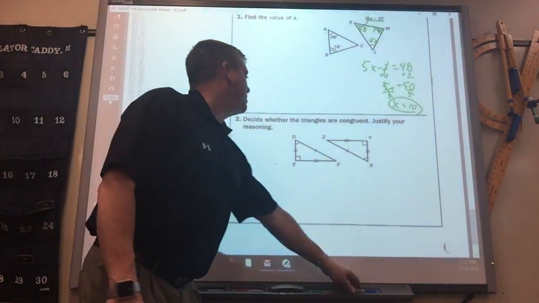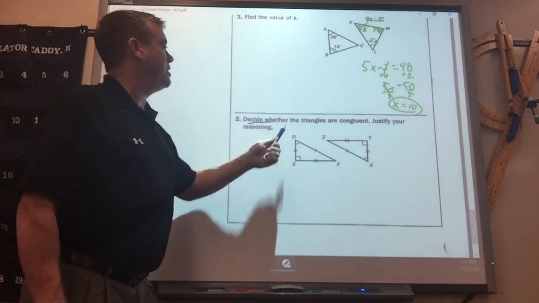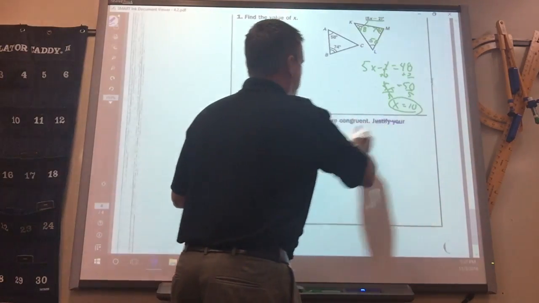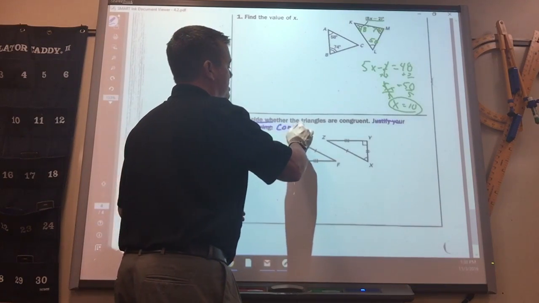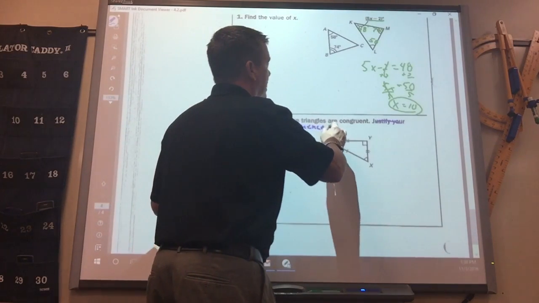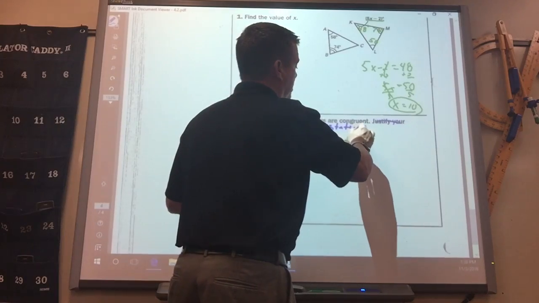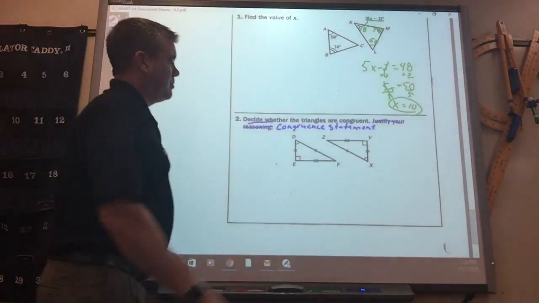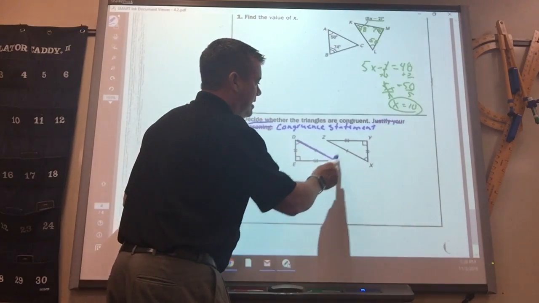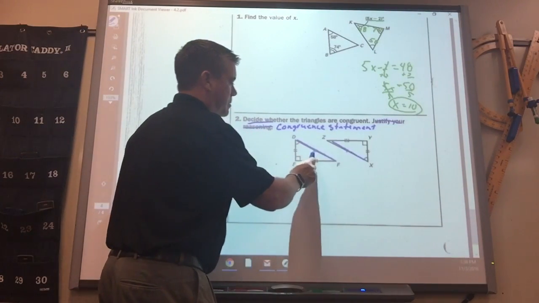Then the other part of the assignment, decide whether it is congruent. We don't have to justify what it is. If it is, you got to write the congruence statement. If the answer is no, you just put no, and you're done. So, this side equals this side, because they got 1 mark.